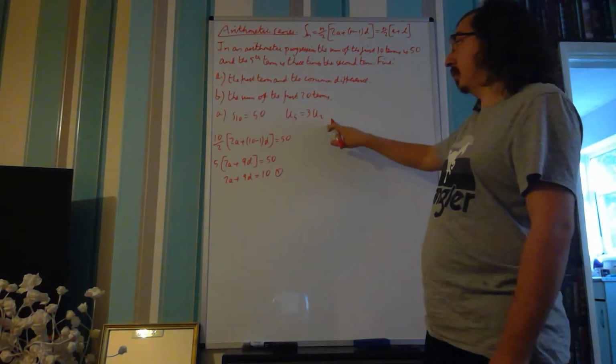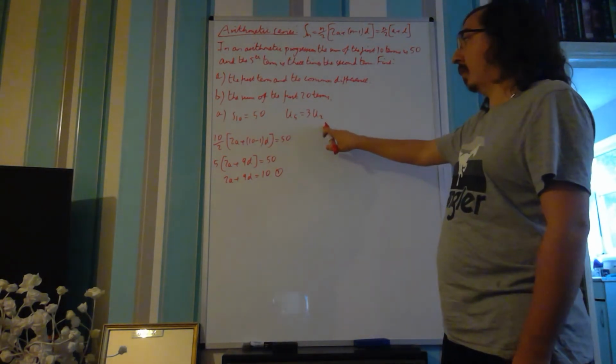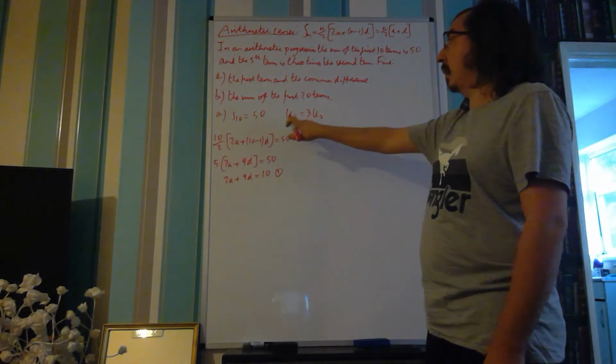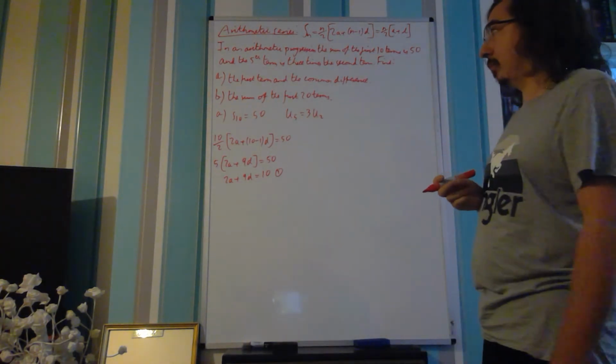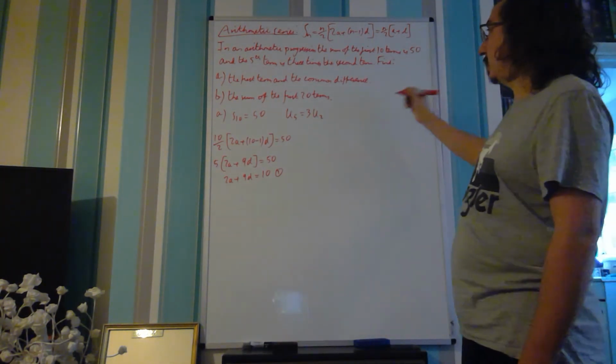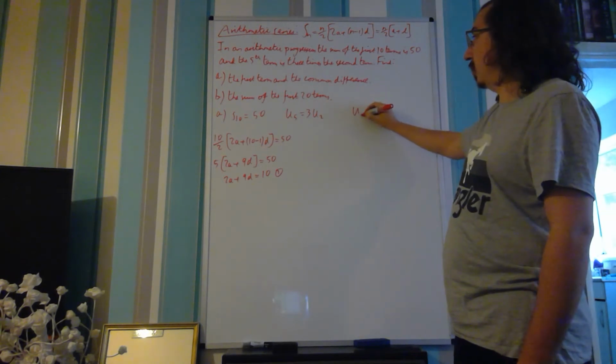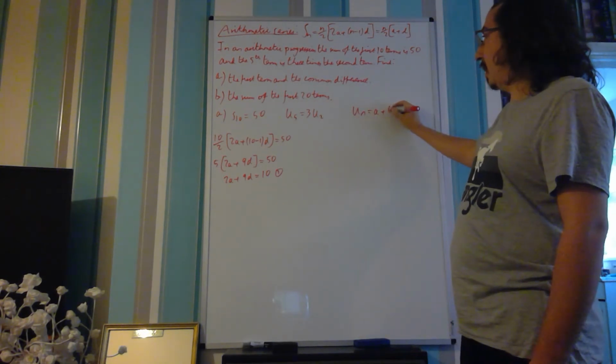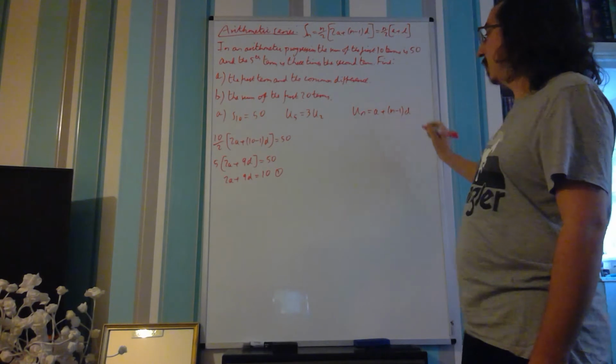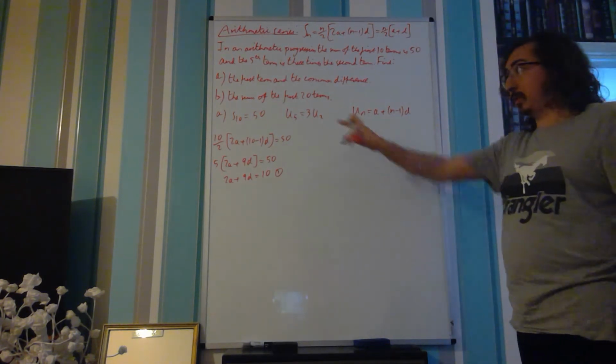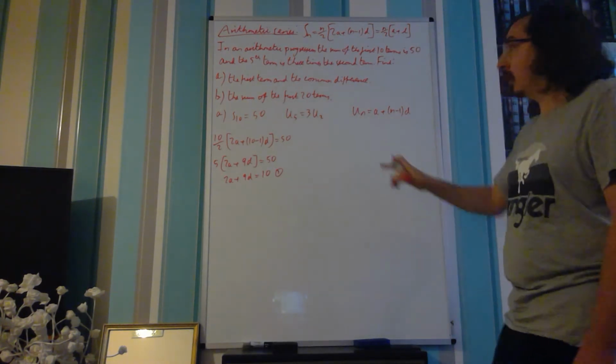Looking at the second part of the information that we've got, we're going to use the nth term expression. As a reminder, our nth term, un, is equal to a plus n minus 1 times d. So that's the expression we're going to use.